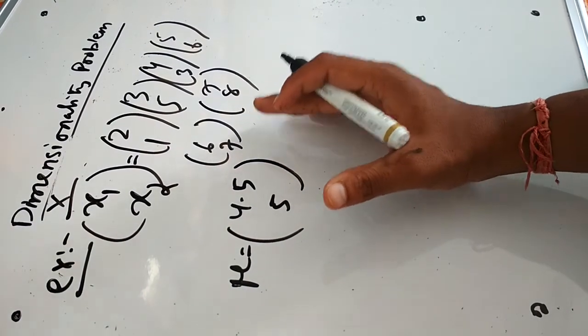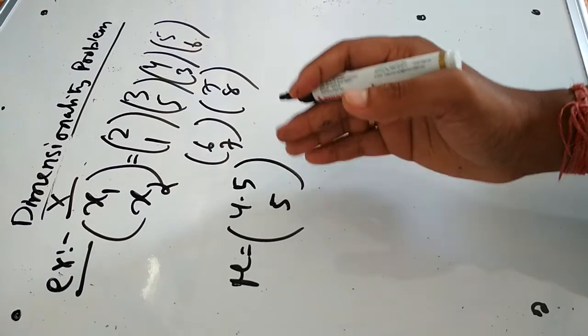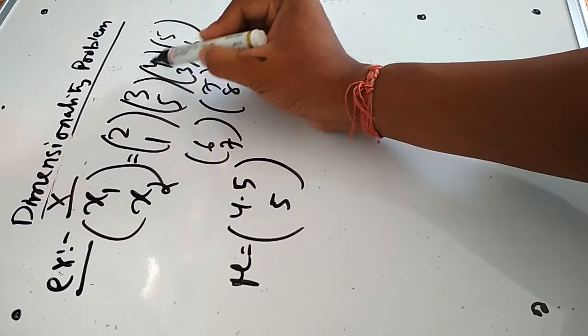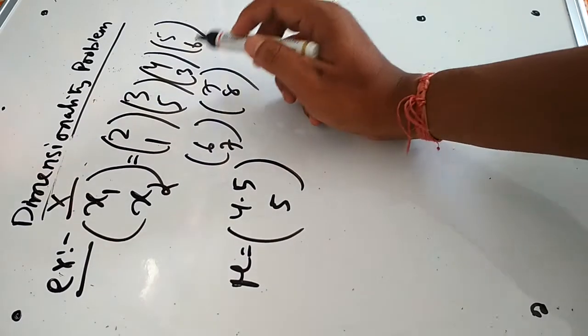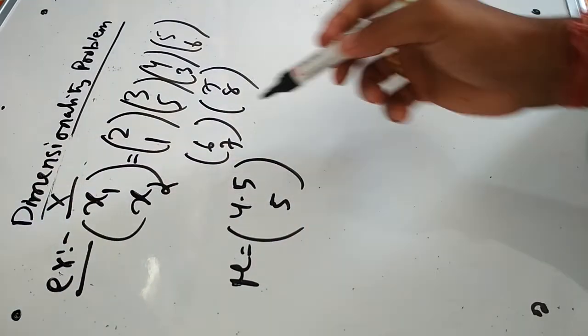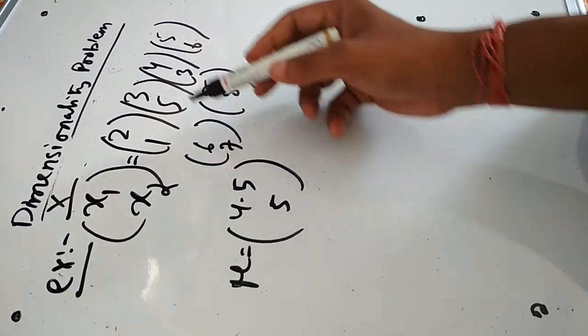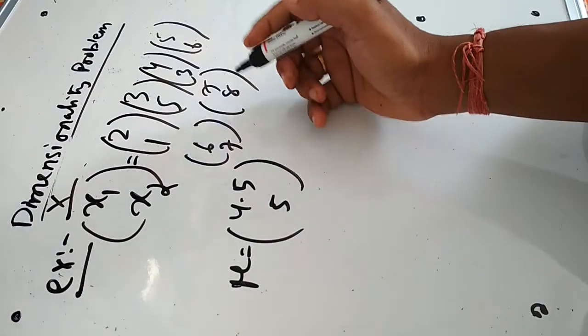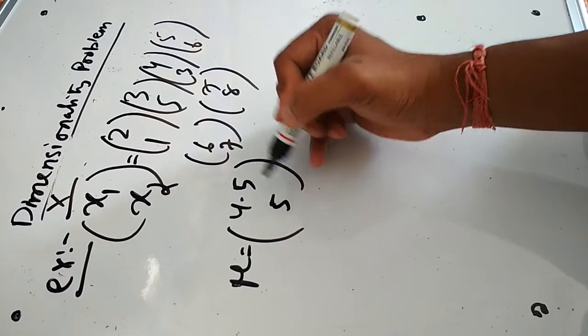So 4.5 and 5 is what I am getting as the mean. We find the mean by 2 plus 3 plus 4 plus 5 plus 6 plus 7 divided by 6, that is 4.5, and similarly for 1, 5, 3, 6, 7, 8 you add them and divide by the number of elements, that is 5.